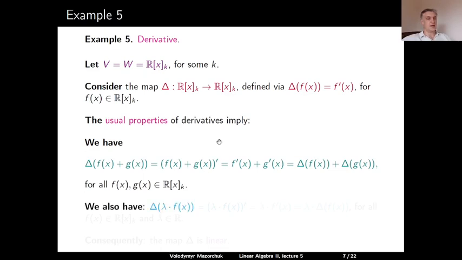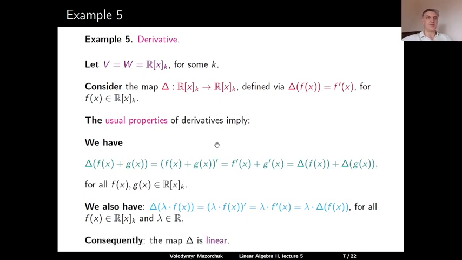Similarly, delta applied to lambda times f is equal to the derivative of lambda times f, but this is equal to lambda times the derivative of f because of the usual properties, and this is equal to lambda times delta of f for any f and for any lambda. Consequently, the map delta is a linear map.